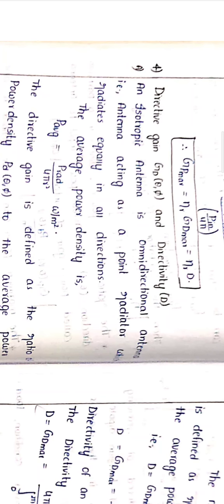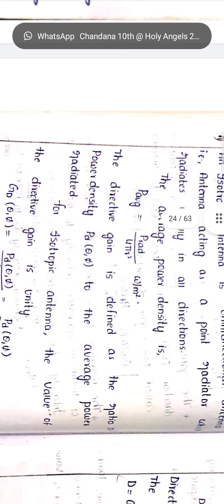Because we consider the omnidirectional antenna, where the radiation is radiated equally in the 2D plane. So it is 4 pi r square.